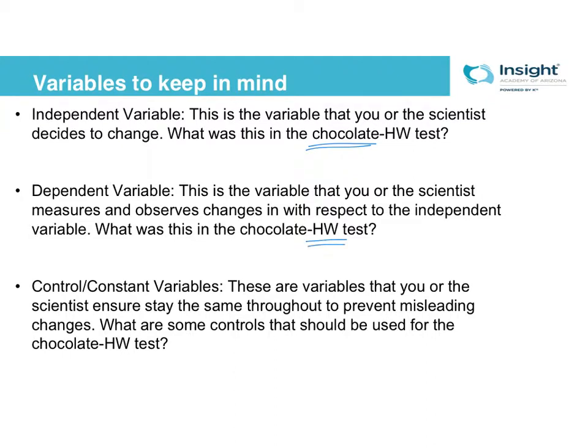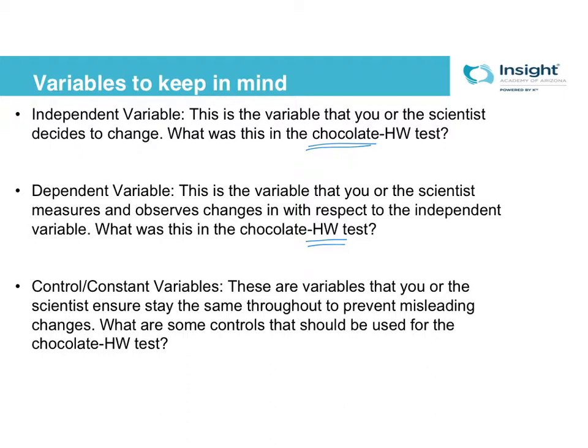And then other variables that may occur in an experiment are things that you want to do your best to control or keep constant and prevent them from messing with your data and inadvertently causing changes that you didn't want to happen. All right?